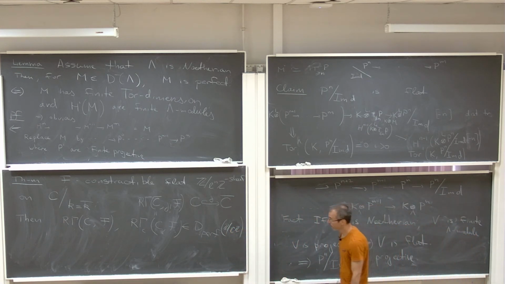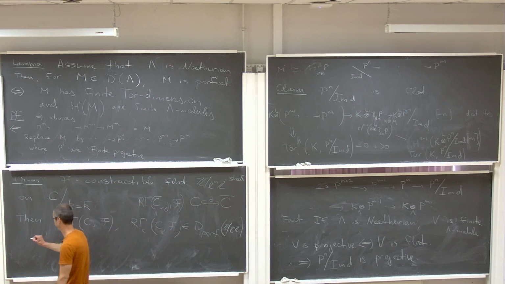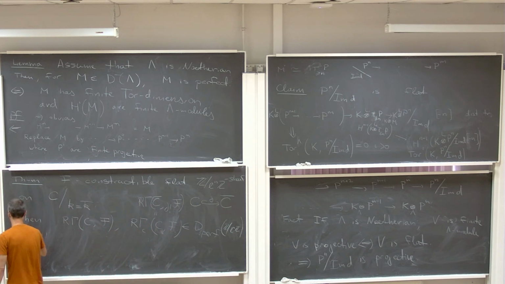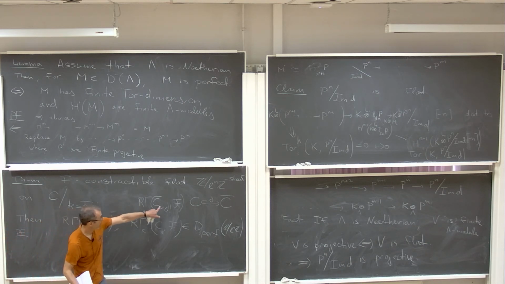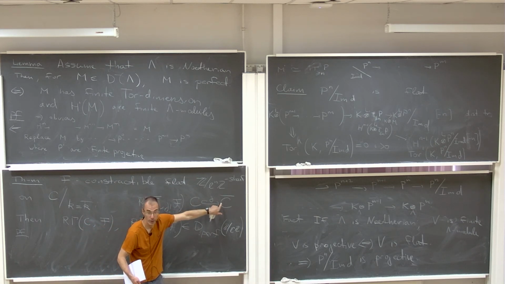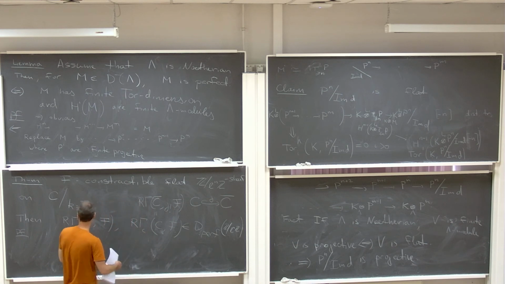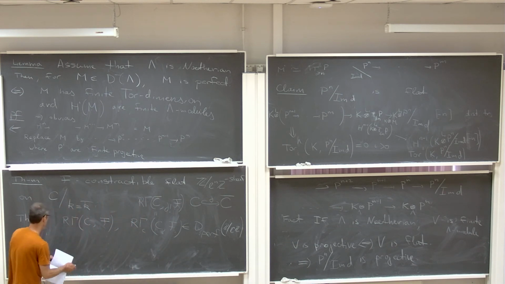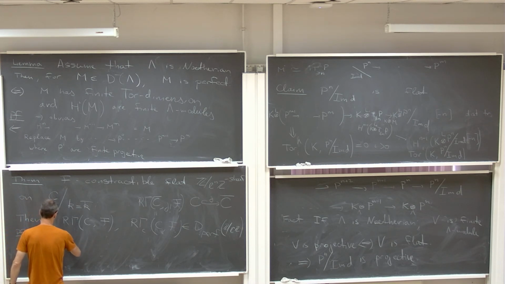So proof. Clearly, this guy is flat because its stalks at the points which are not in C are all zeros. So it's enough to prove it for gamma. And what you use is the base change, the universal coefficient formula.